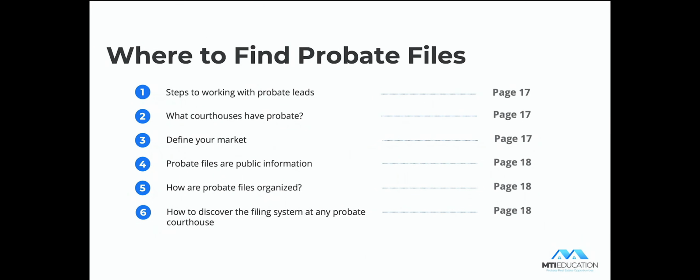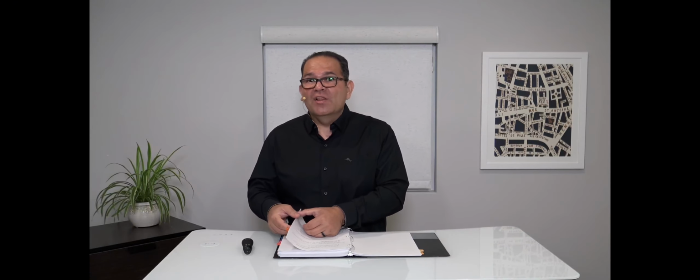To figure out the filing system, let's talk about legal newspapers. This is really easy to do. You find a legal newspaper to find the probate case number in there. How do you find legal newspapers? Online. Type legal newspapers in Los Angeles County, legal newspaper in Broward County. Whatever county you're in, you can find a legal newspaper.